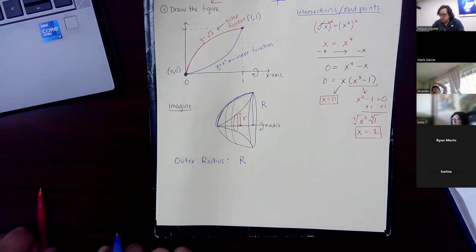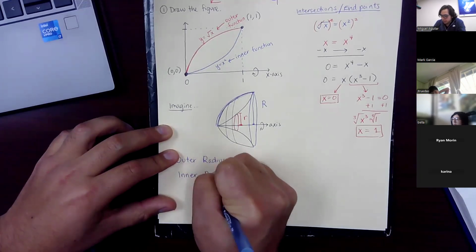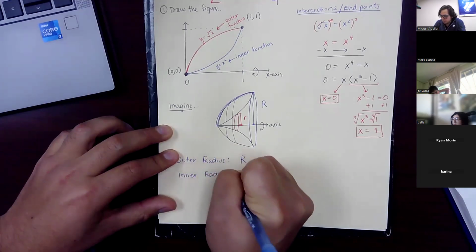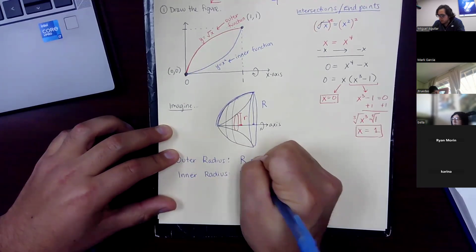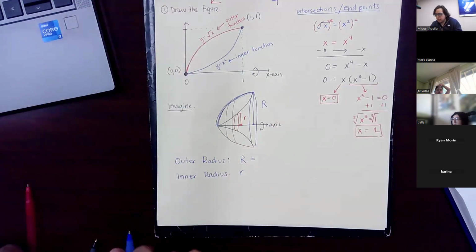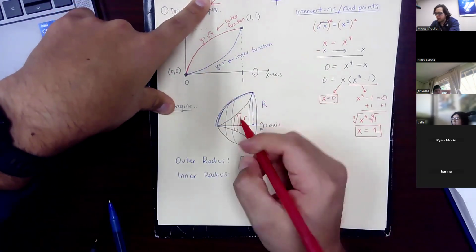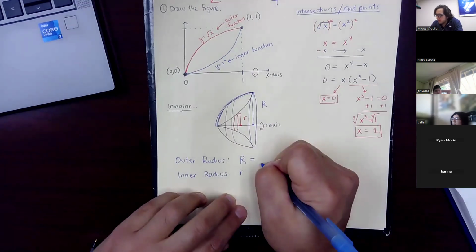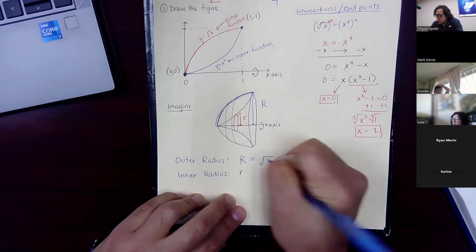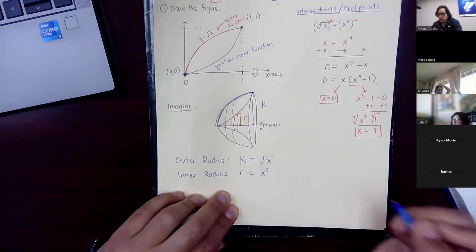Okay. So the outer radius, capital R, is going to be the square root of x, and the inner radius, lowercase r, is made by x squared. To keep in line with this drawing, I think I flip-flopped the colors, so the colors don't matter.